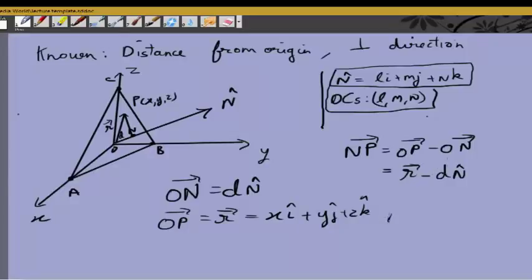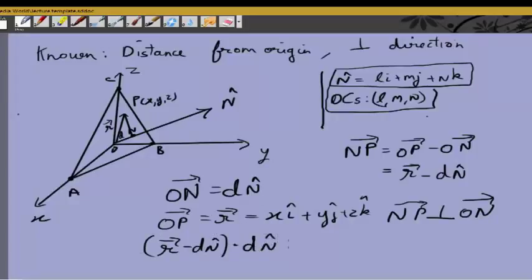Now NP, we know for a fact, has to be perpendicular to ON. Since ON is perpendicular to this whole plane, it is perpendicular to any line on this plane. And if you take 2 points on this plane and join them, you'll get a line which belongs in this plane. So NP is perpendicular to ON. What does that give me? r minus d n cap is perpendicular to ON, which is simply d n cap.